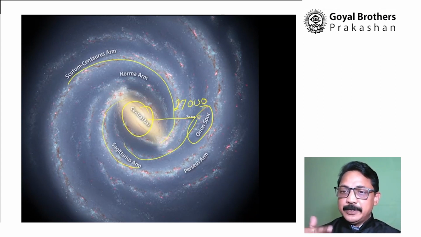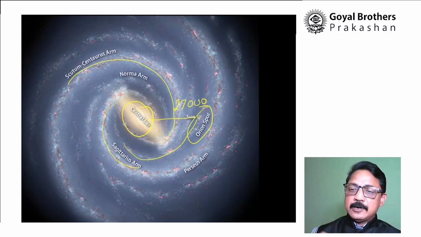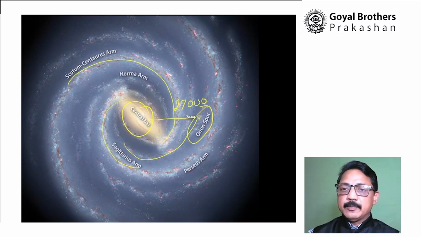So that way, when you start counting, in order to go to the center of our Milky Way, you will require 27,000 light years. So it's an extremely large distance, and humans have not yet found any way to do that.